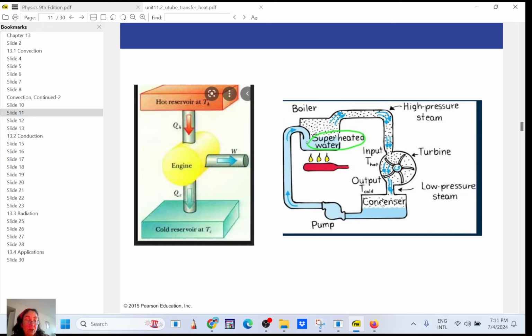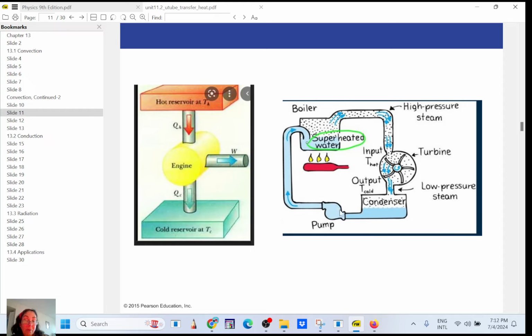Because this is cool here, the water vapor will turn into a liquid, so it's going to lose energy, so the pressure here will go down. So high pressure, low pressure. Because you have high pressure here and low pressure there, those blades here will start to spin, and that's how you can produce energy.